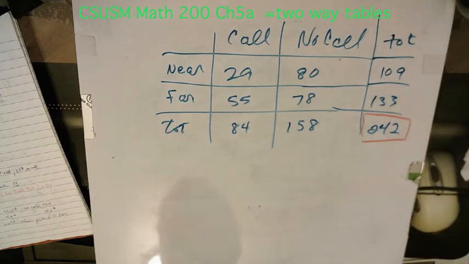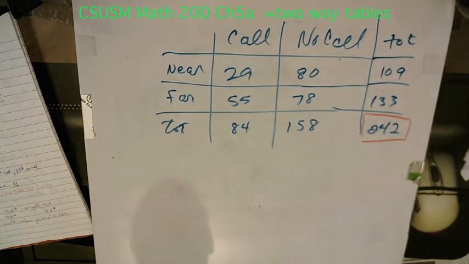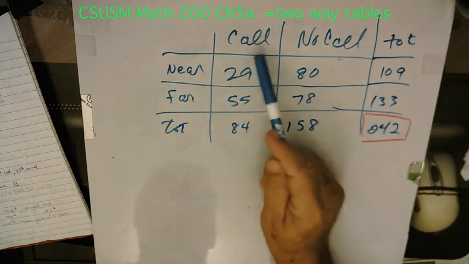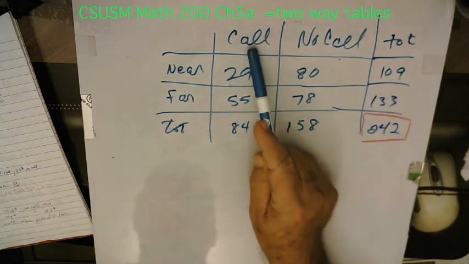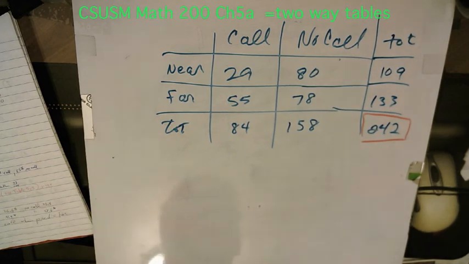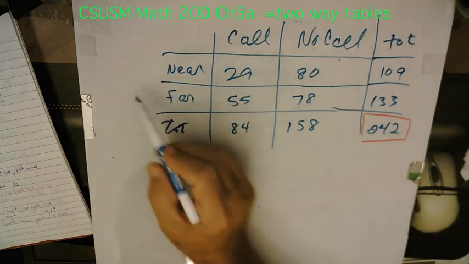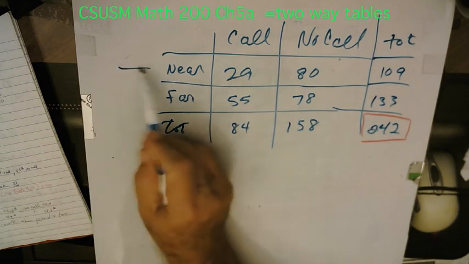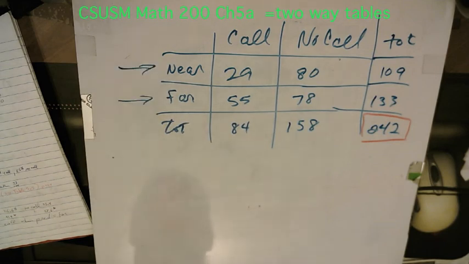In problem 2, we're given a table regarding prairie dogs and their response. We were told that one of the responses we were looking for was a call that they made of predators in the area, and the other response was they made no call at all. And then we had another category that said the predator was either near or far from the prairie dog.